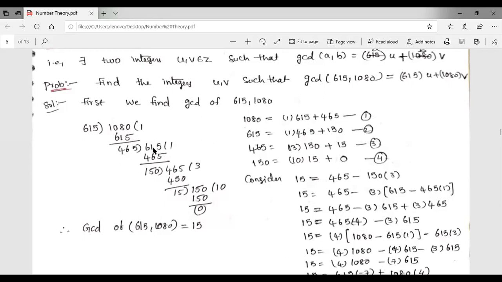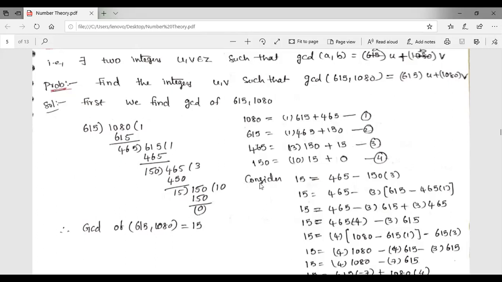In the next division, 615 can be expressed as 1 into 465 plus 150. Let it be equation 2. In the third division, 465 can be expressed as 3 into 150 plus 15, the remainder. Next, 150 can be expressed as 10 into 15 plus 0. Let it be equation 4.